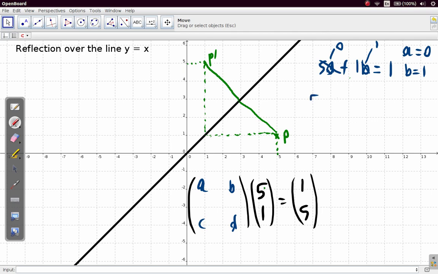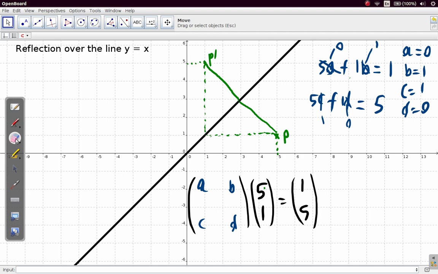C by 5 is 5C plus D by 1, 1D, is equal to 5. This seems to suggest that C is 1 because you multiply 5 by C, you get 5, and there's nothing else, so D is 0. So C is 1, D is 0.